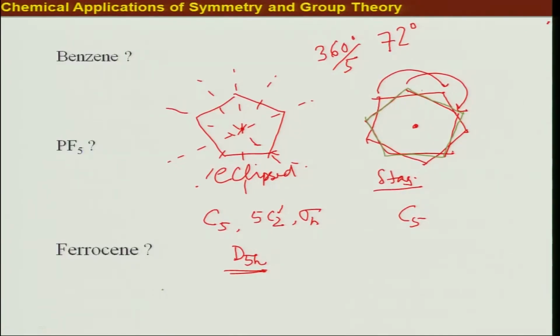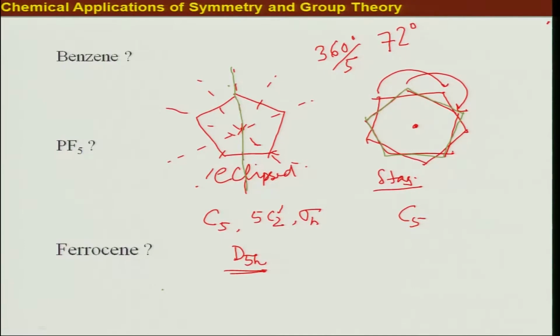I am discussing the possibility of having a C2 prime here. Now, we had C2 prime for the eclipsed conformation, right. So, along this there was a C2, correct. Now, do I have the same kind of possibility here? Suppose I draw an axis through this.